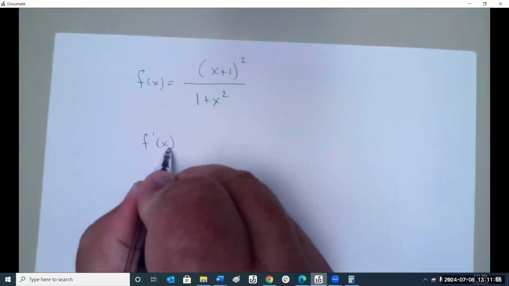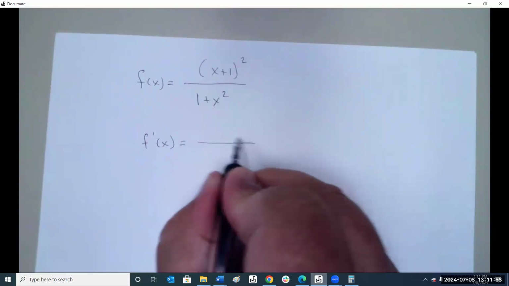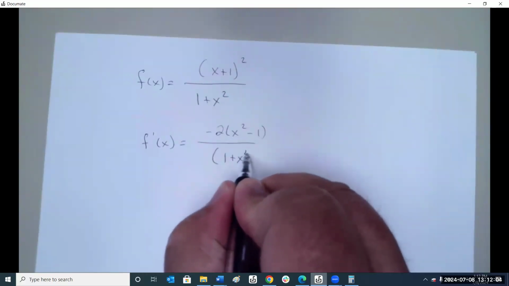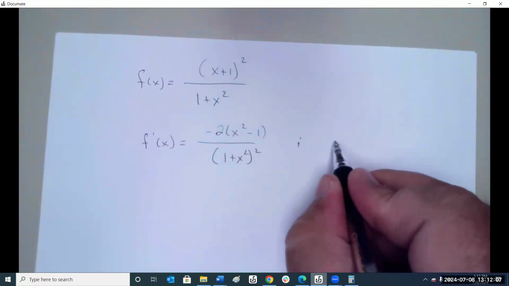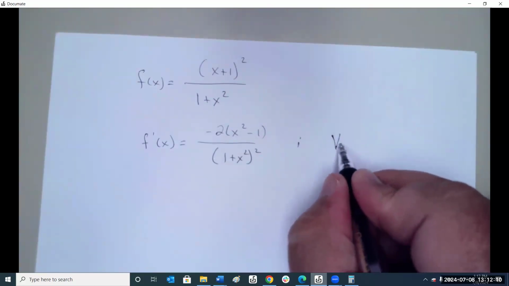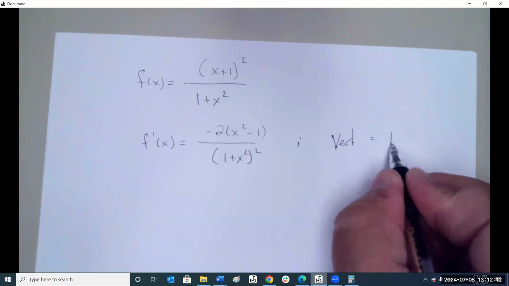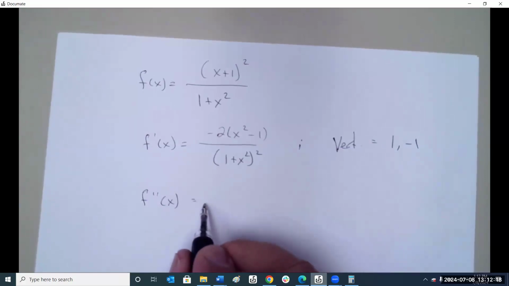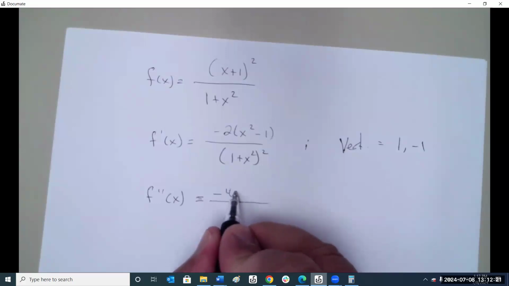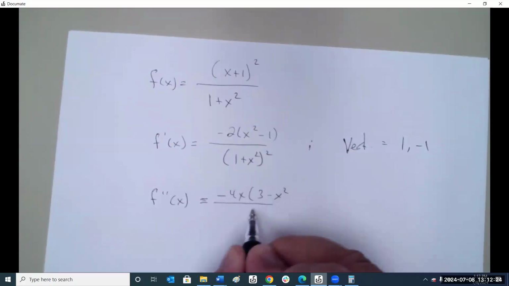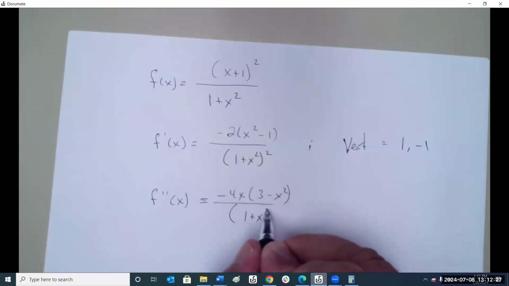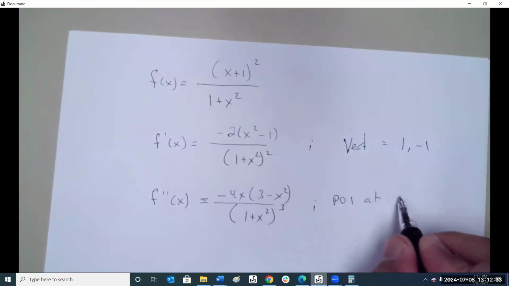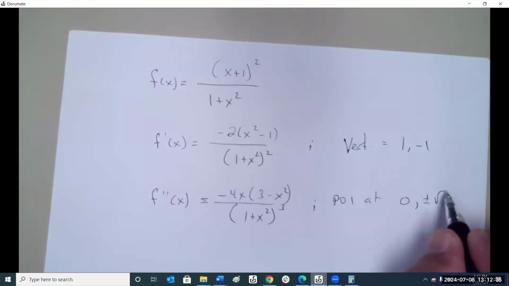The first derivative gives vertices at 1 and negative 1. Points of inflection at 0 and plus or minus radical 3.